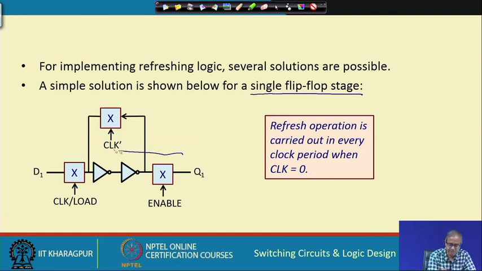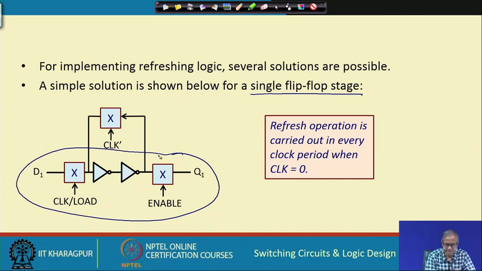So, here we have our flip flop as we have already discussed earlier. There is a clock or load control and there is a tri-state enable control. There is another transmission gate we are adding here, which is fed with the NOT of clock. You see clock is coming like this.